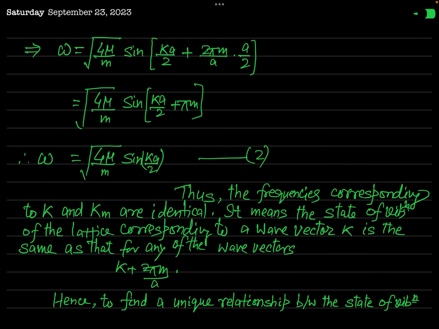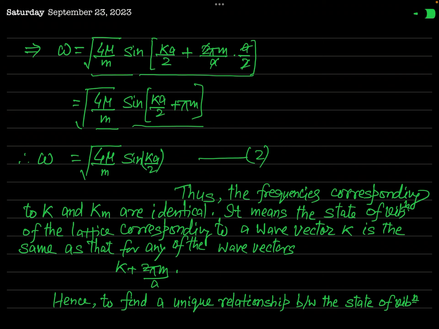You can see the RHS can be written as square root of 4 mu by m times sine of ka by 2 plus 2 pi m over a into a by 2. Now you can see this a and this a will cancel out, this 2 and this 2 will also cancel out. So this is square root of 4 mu by m times sine ka by 2 plus pi m.